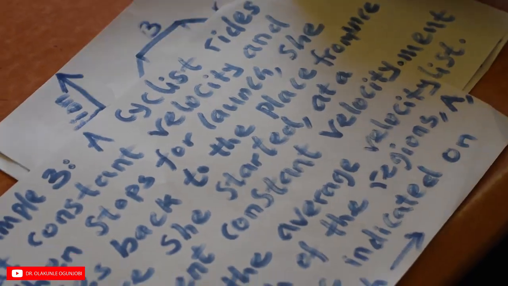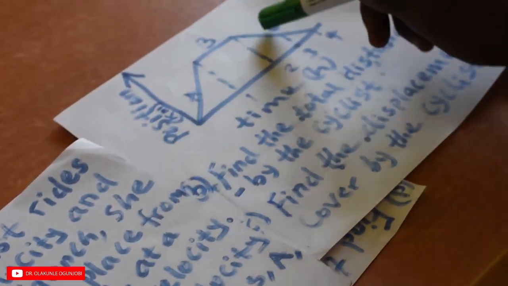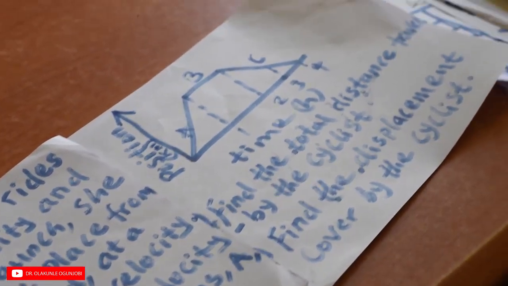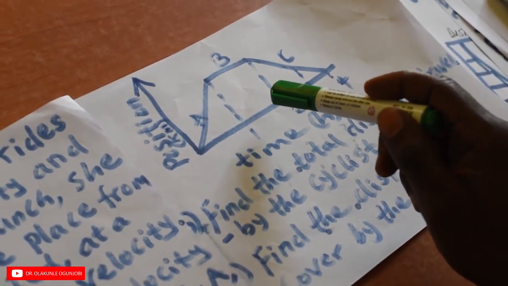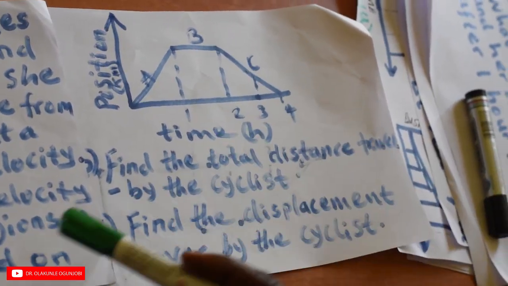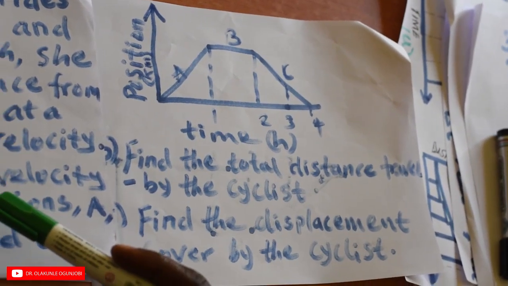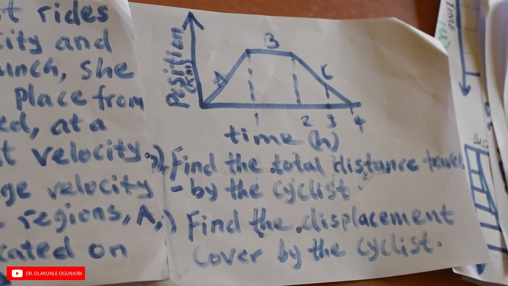Let me show you the graph quickly. You can see this is region A, region B, and region C. I want you to find the average velocity in each of these regions.